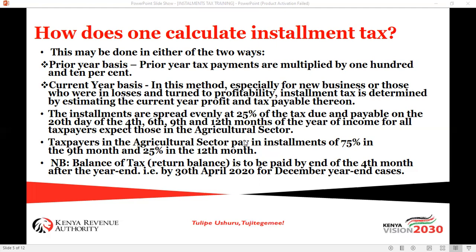Sole proprietors, but if they are doing huge businesses and they pay installment tax, they are also supposed to pay by 30th of April.